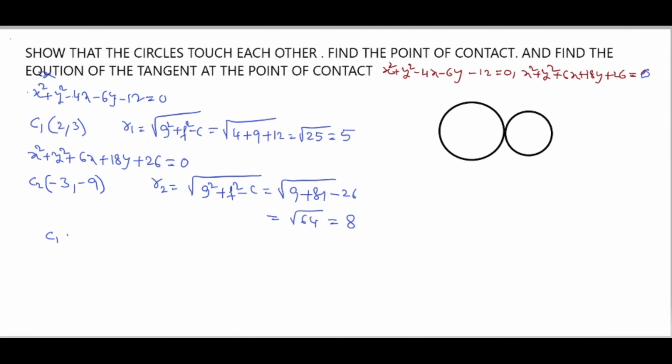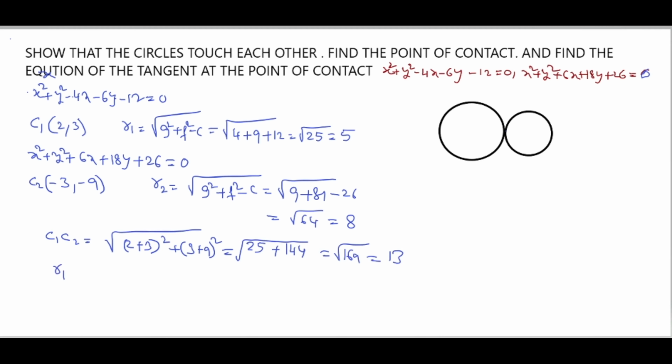Now we find C1C2, the distance between the centers, that is the square root of (2 plus 3) whole square plus (3 plus 9) whole square. (2 plus 3) whole square is 5 square is 25, 3 plus 9 is 12, that is 144. Square root of 25 plus 144, that is equal to the square root of 169, which is 13.